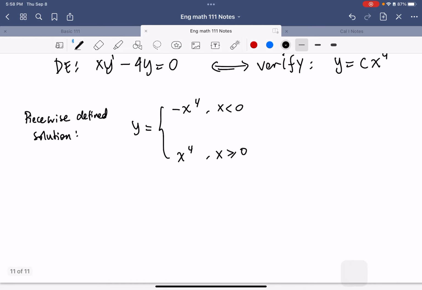And then another thing we also have is called the singular solution. This is like an extra. We call it another name, the extra solution.